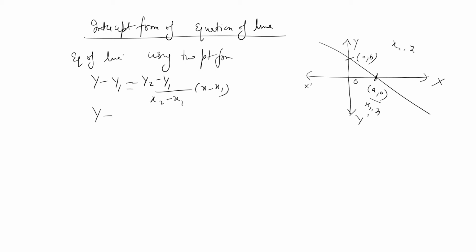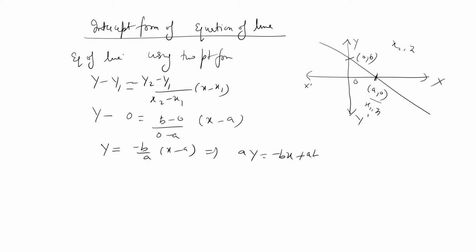So this is y minus 0 is equal to y2 minus y1 upon x2 minus x1 into x minus x1. So y is equal to minus b upon a times x minus a. This implies ay is equal to minus bx plus ab.